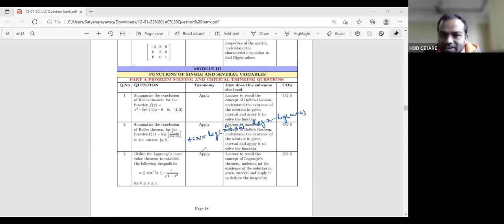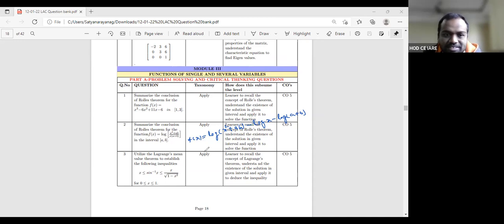So f of a is equal to f of b: f of a is log 1, which is 0, and f of b is log 1, which is 0. Next, f dash of c you can find out.